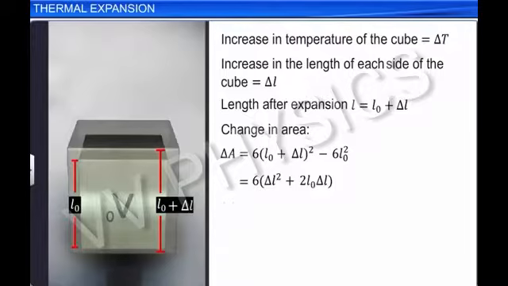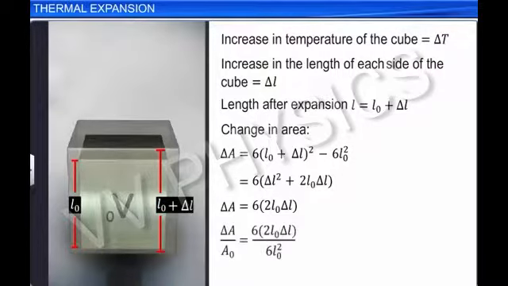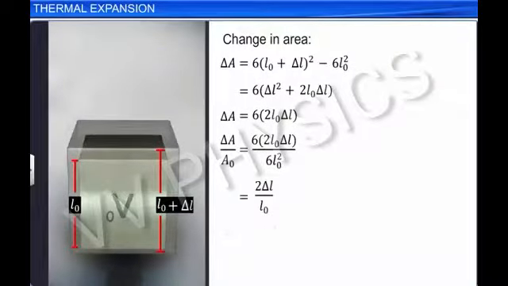Then we get delta A equal to 6 into 2 L naught delta L. Now, by dividing delta A by A naught, we get 6 into 2 L naught delta L by 6 L naught squared. On further simplification, we get alpha A equals 2 alpha L. Let this be equation 1.